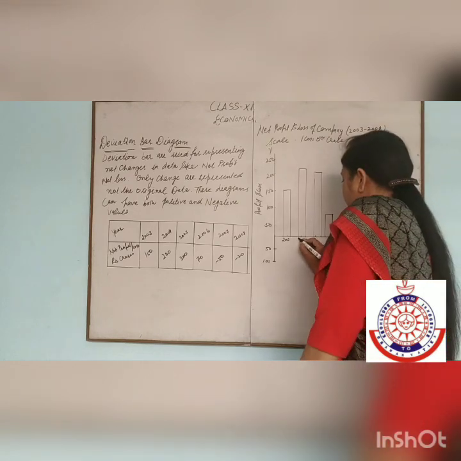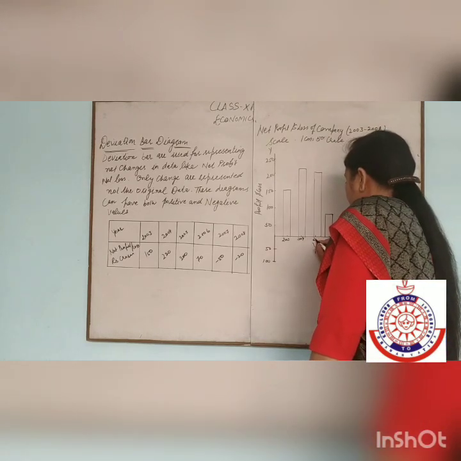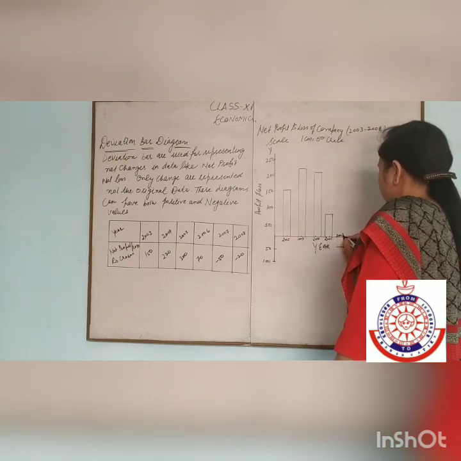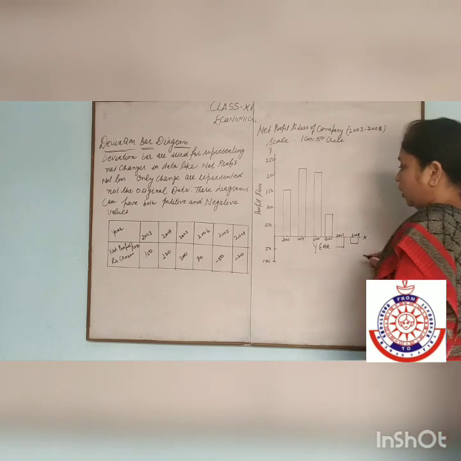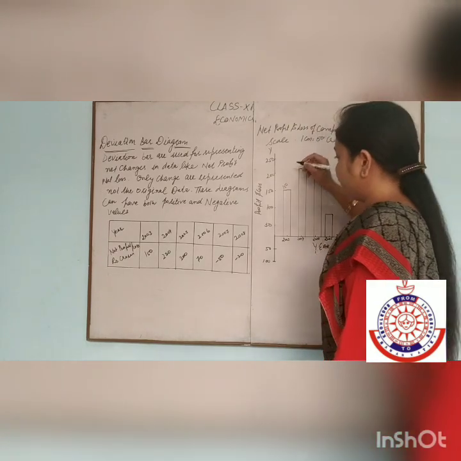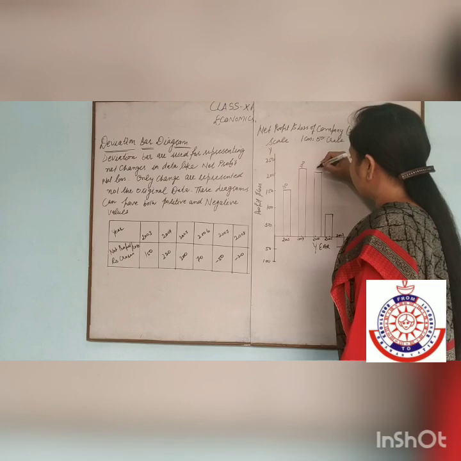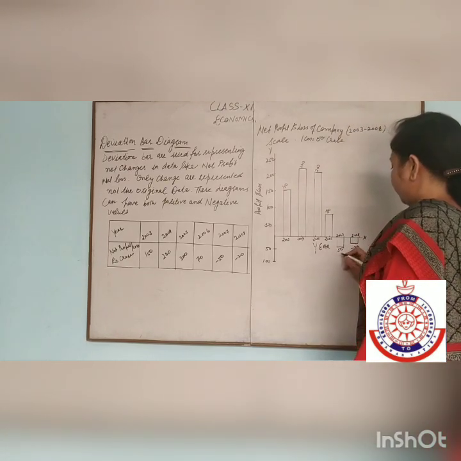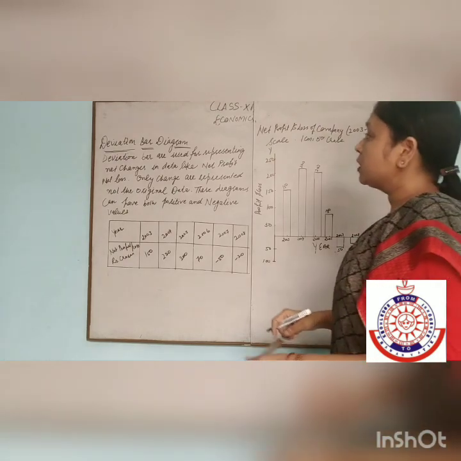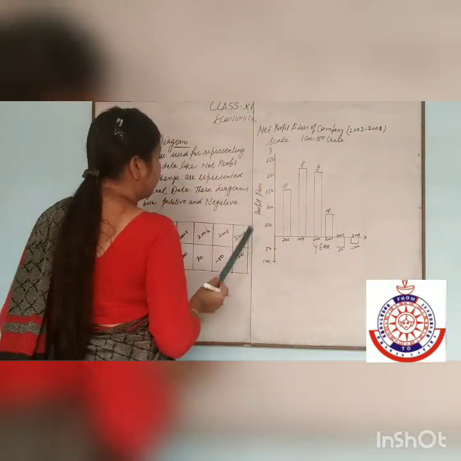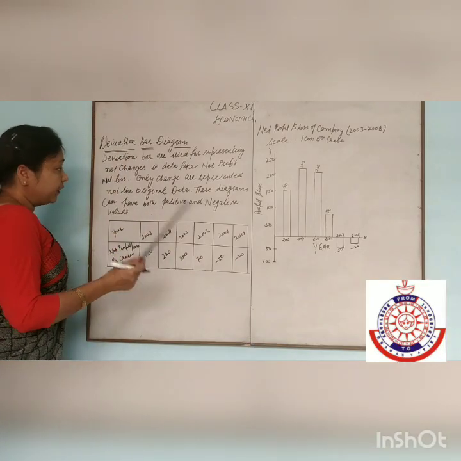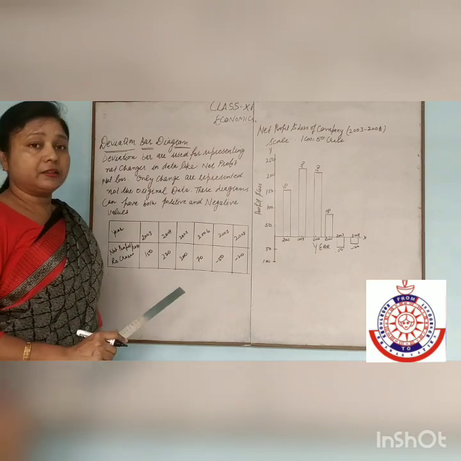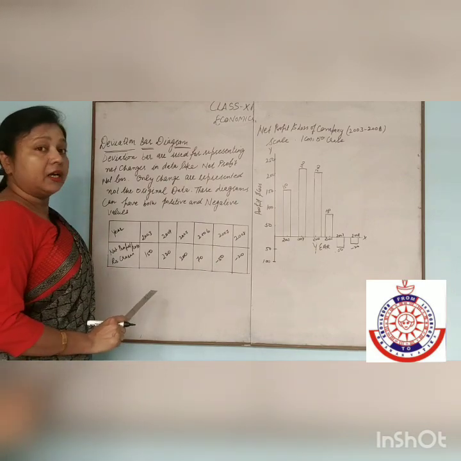For 2003, 4, 2005, 2006, 2007 and 2008, the values are 150, 220, 200, 70, 50, minus 50 and minus 20. This is our deviation bar diagram. When profit and loss are given, with some positive and some negative values, that is called the deviation bar diagram.